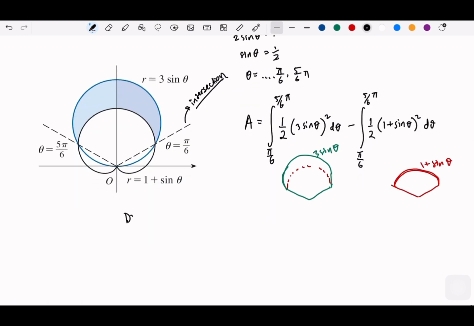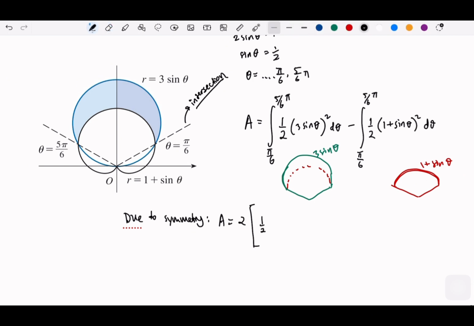So due to symmetry, we could write, and I will expand the squared. So the area is twice of, or maybe let me write the whole thing in brackets first.